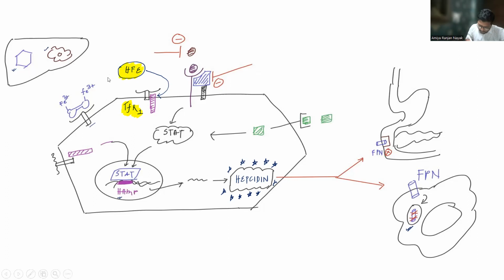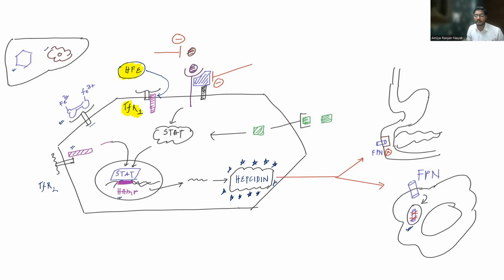Now we'll see what is happening. Once holotransferrin is bound to the transferrin receptor, it can actually release the HFE molecule. Now this HFE molecule is ready to bind another transferrin receptor, known as transferrin receptor 2. I have told you previously that transferrin receptor 2 doesn't play a role in taking up the holotransferrin.